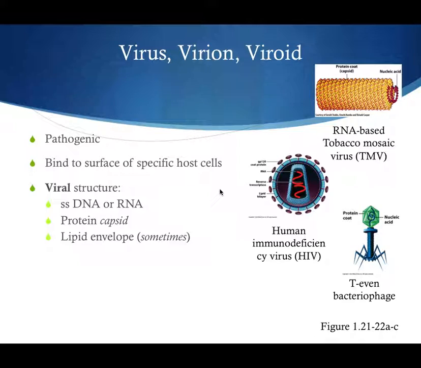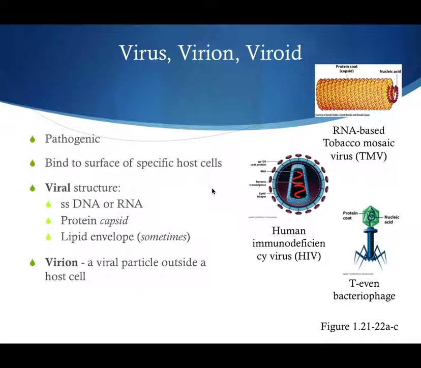The outer protein component is referred to as the capsid. Depending upon the cycle of the virus, a virus may have a lipid membrane that it has acquired from a host cell. Viruses are not living because they do not satisfy the tenets of the cell theory.